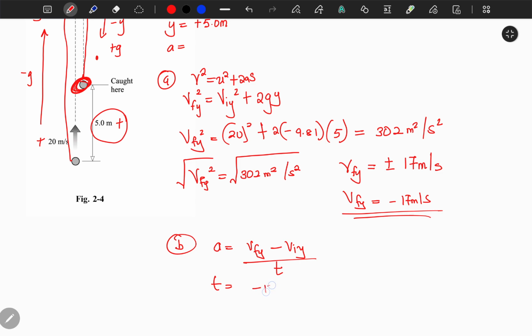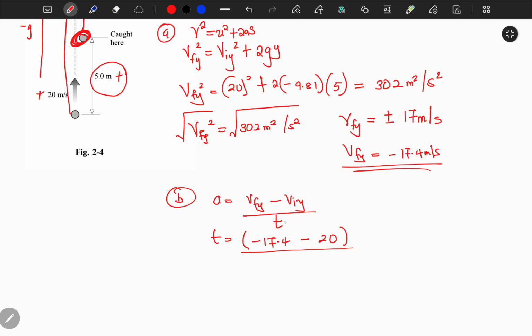So our final velocity is negative 17.4 meters per second. Yeah, 17.4, I forgot the 4. Then we say minus the initial, which is 20, over the acceleration, because acceleration and time are inversely proportional to each other.